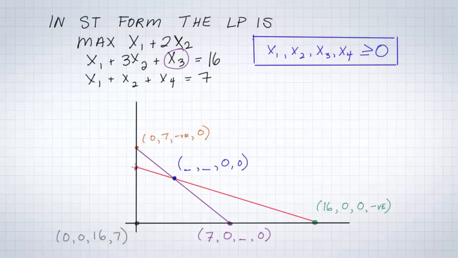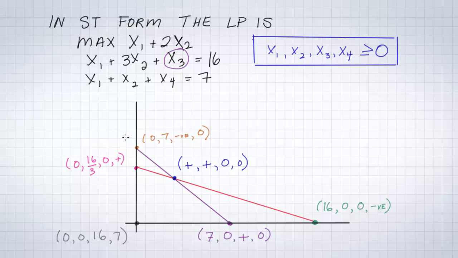This point here, we have x1 is 0, x2 must be 16/3, x3 will be 0, and x4 will be a positive number.